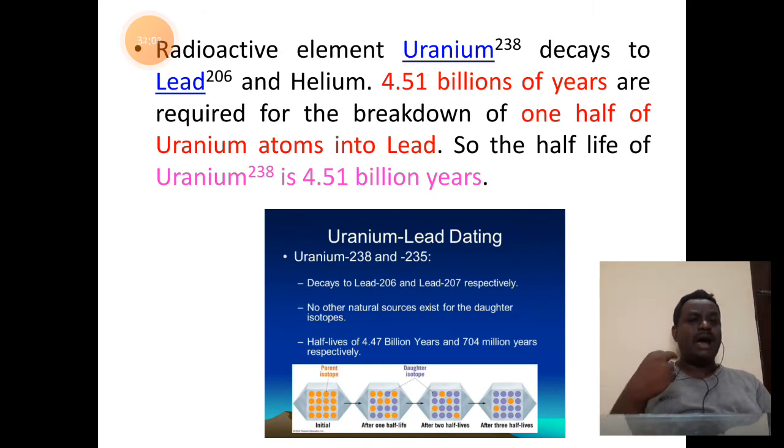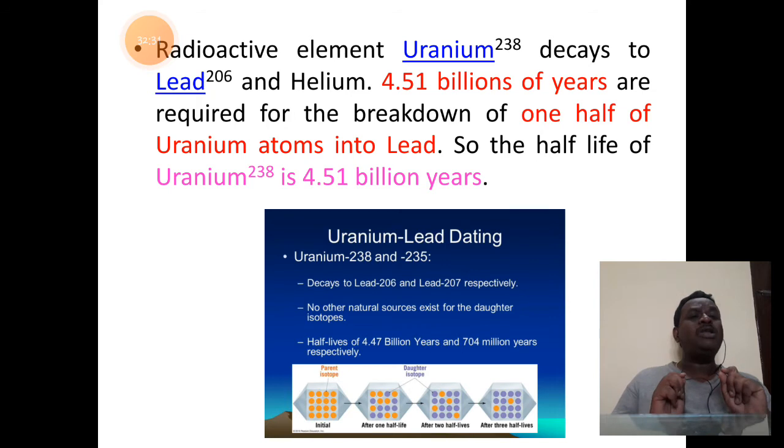There are 2 isotopes of uranium: uranium-238 and uranium-235. When we look at uranium-238, it breaks down to form lead-206 and helium, the 2 daughter elements, that is lead and helium.